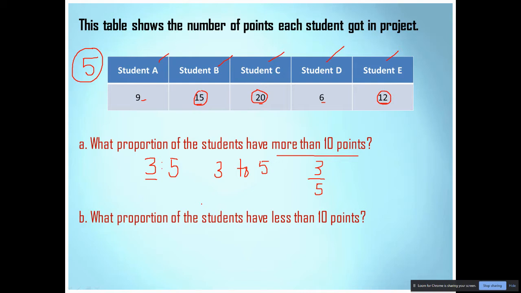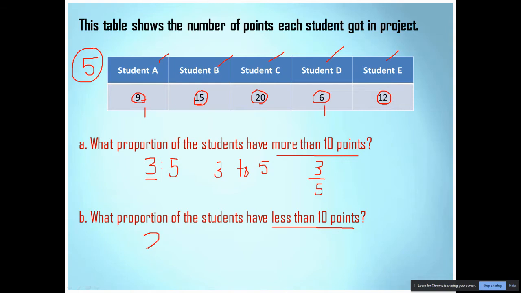Now letter B, what proportion of the students have less than 10 points? Less than means 9 and below. So we have here 9 and 6, which are points less than 10.